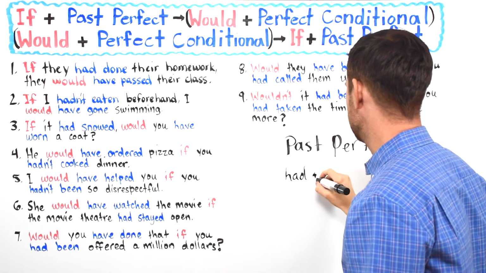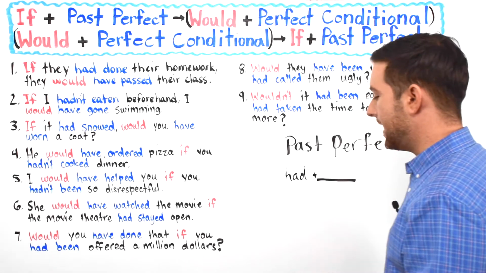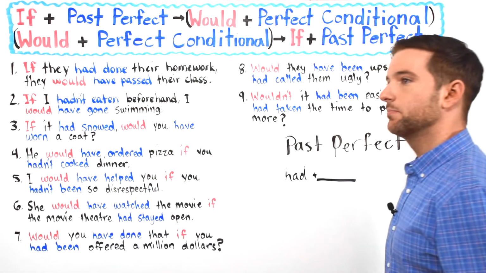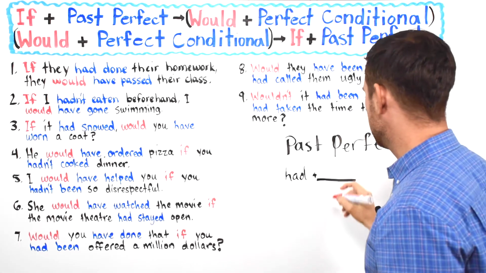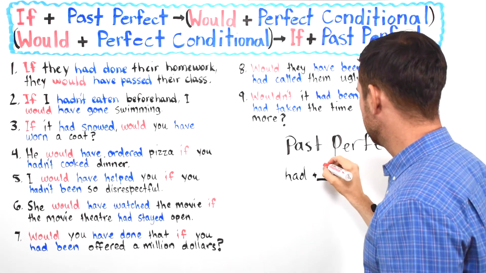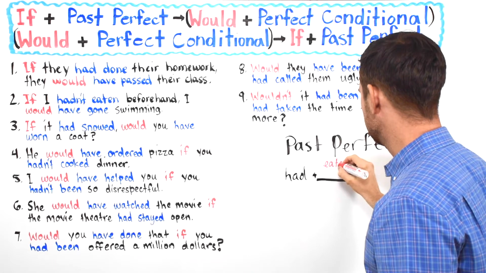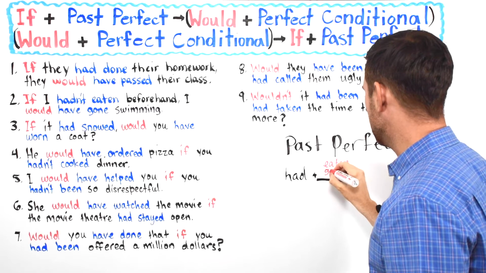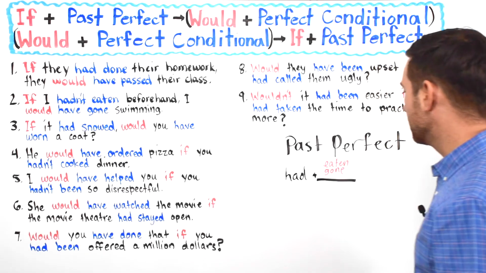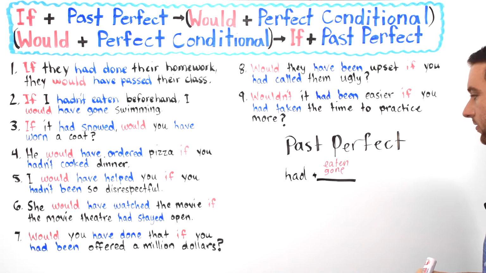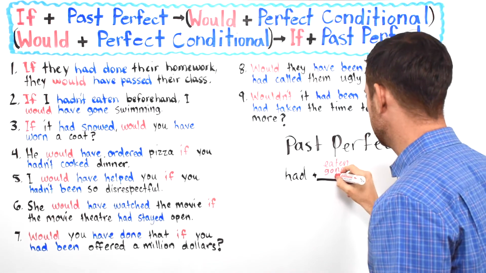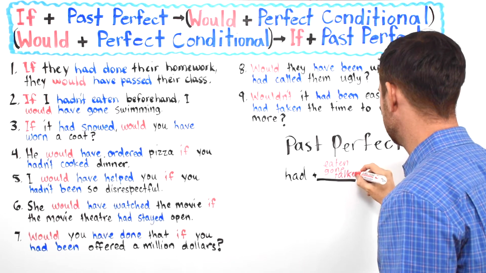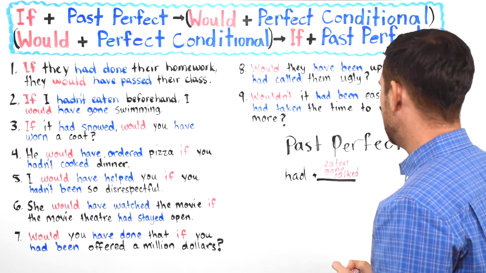So for example, let's talk about the verb to eat, okay? What's the past of to eat? It would be eaten. Or to go, it would be gone. Or how about talk? Okay, it would be talked. So that's the past perfect.